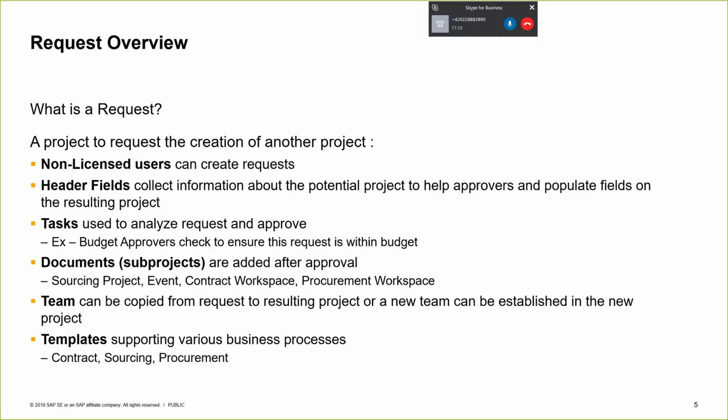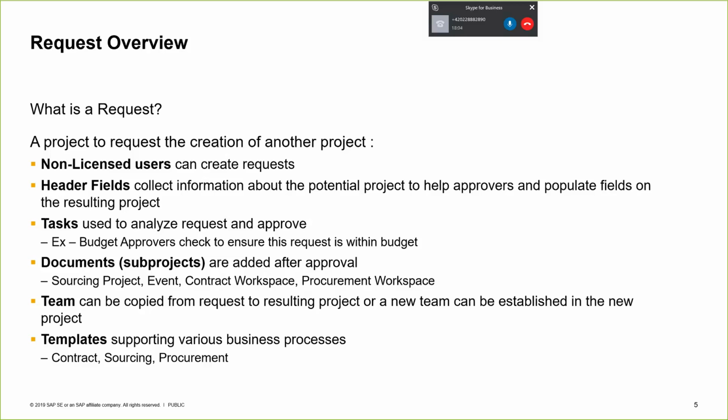The tasks that we have are used to analyze requests and approve. So that means that we do have, like in any other workspace or project, documents, tasks, team, and the tasks guide the requester, and also very important is the approval task. Based on the approval task, the approver will be notified and can approve and continue further.